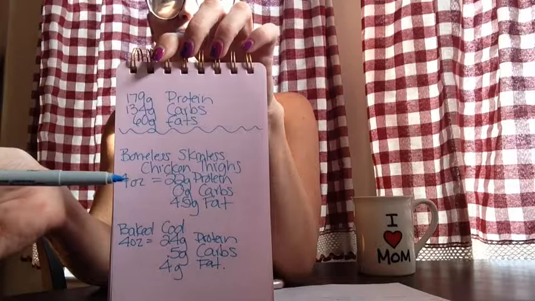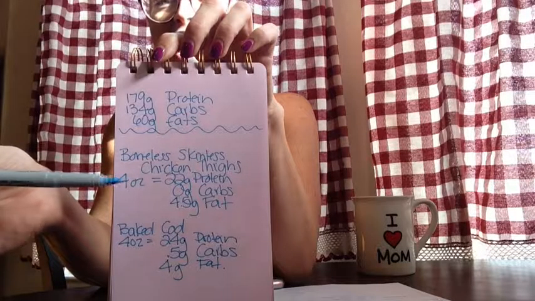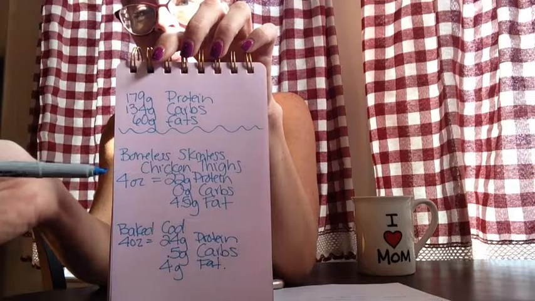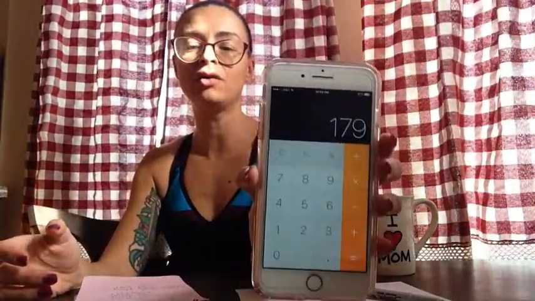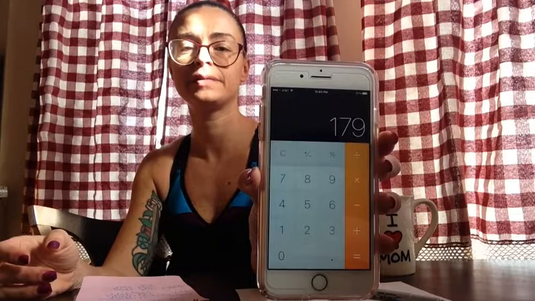So now we're going to determine how many ounces of the boneless, skinless chicken thighs I need per day. In my calculator, I'm going to put my number 179. That's how many grams of protein I need every day. And I know that in 1 serving or 4 ounces of boneless, skinless chicken thighs has 22 grams of protein.